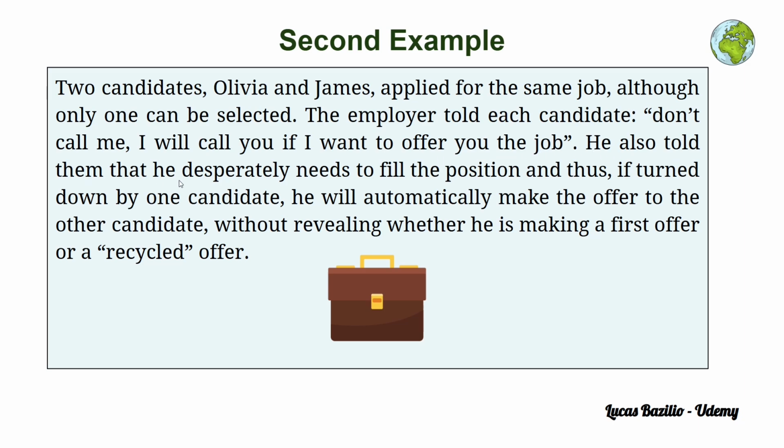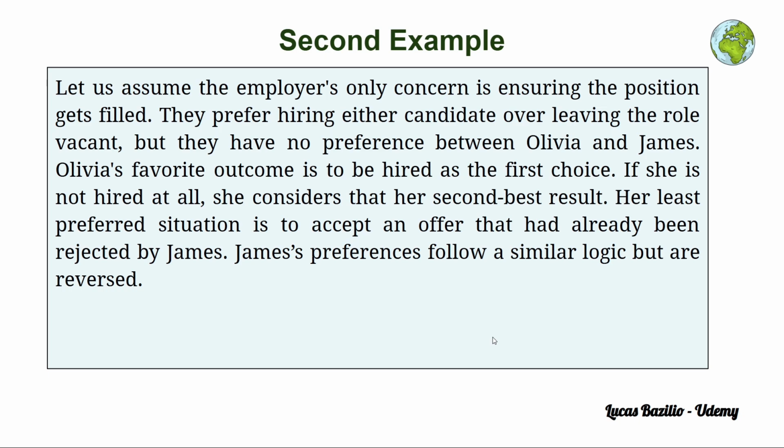He also told them that he desperately needs to fill the position, and thus, if turned down by one candidate, he will automatically make the offer to the other candidate, without revealing whether he is making a first or a recycled offer. Moreover, suppose that the employer only cares about whether the position is filled or not. Thus, the employer prefers filling the position to not filling it, but is indifferent between filling it with Olivia or with James.